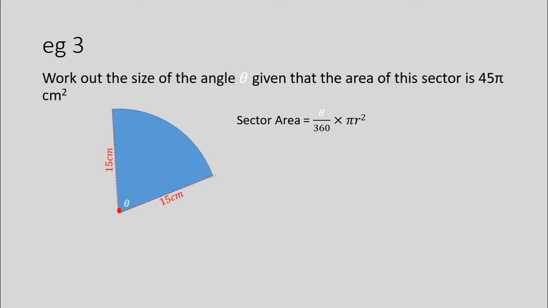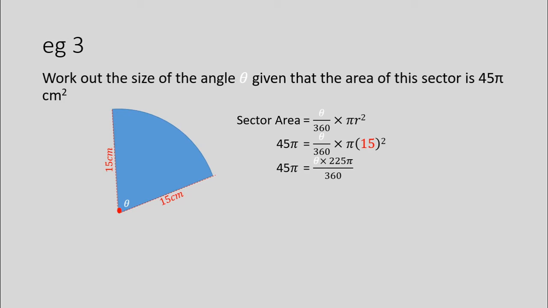The area is 45 pi, and I know that the radius is 15. Substituting that into the formula, I know that 15 squared is 225. So simplifying this, I get 225 pi multiplied to the top of that fraction, so theta, over 360.